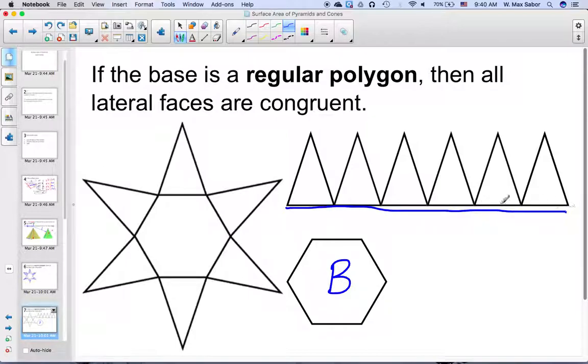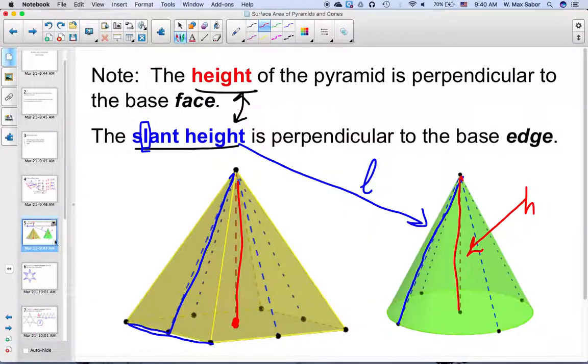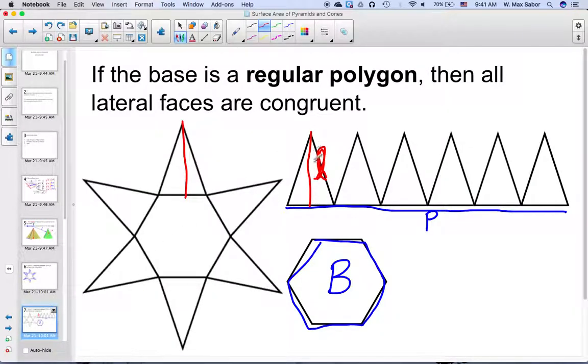These all correspond to sides of the base, so once again, this is the perimeter. Each of these has the same height, but that height is going to be the slant height of the pyramid. So the triangles add up to 1/2 the perimeter times the slant height, and then we have a single base.